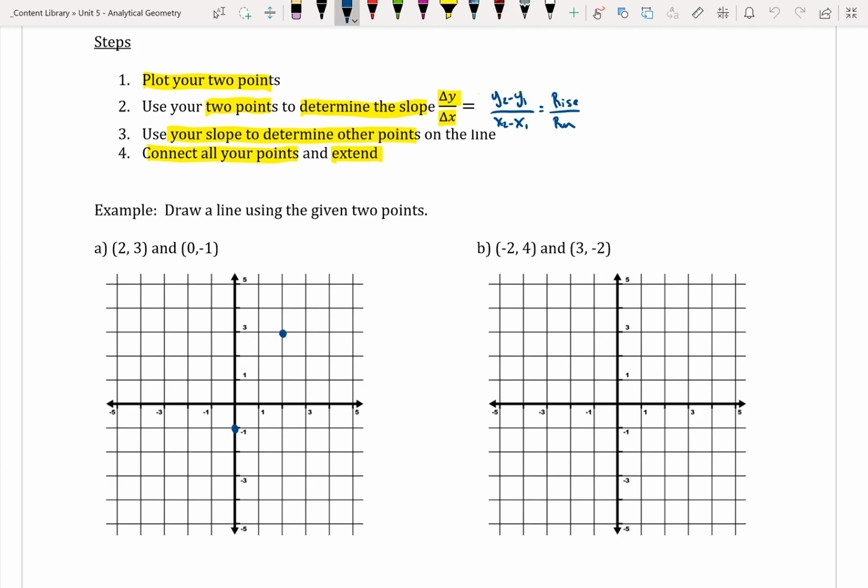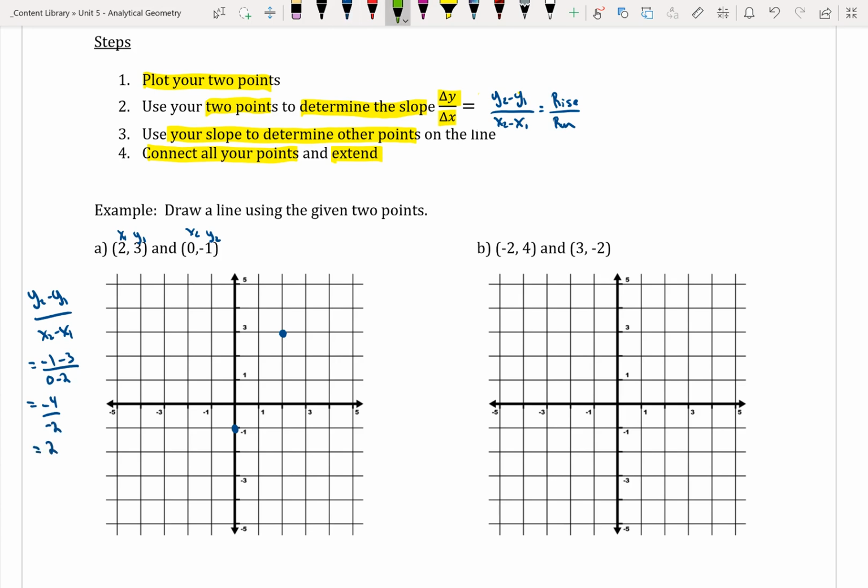And now there's one thing you have to do, which is just finding the slope, but there's 2 ways to go about it. One way, the algebraic way, y2 minus y1 over x2 minus x1. If I label my points, we have -1 minus 3 over 0 minus 2, so -4 over -2, or just 2.